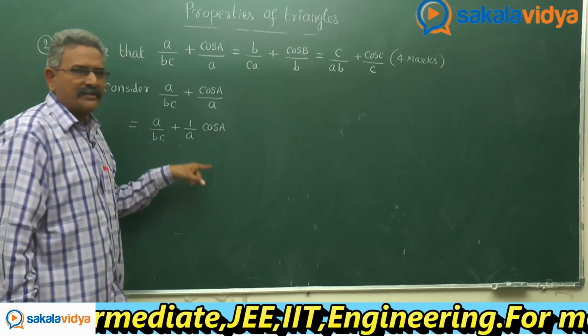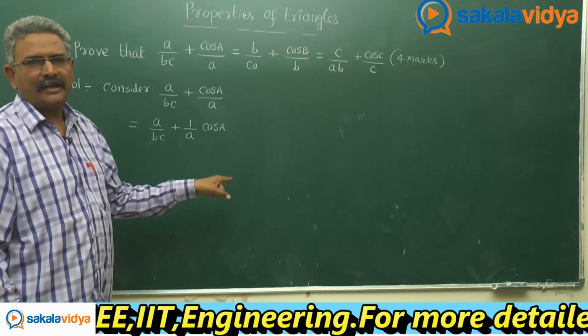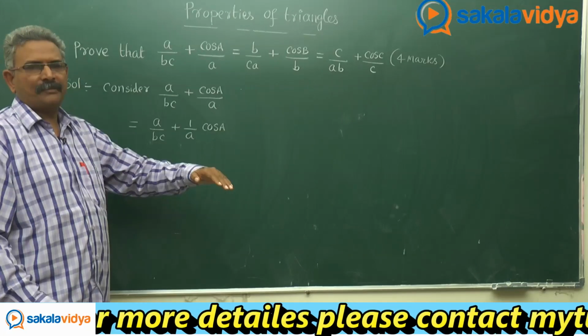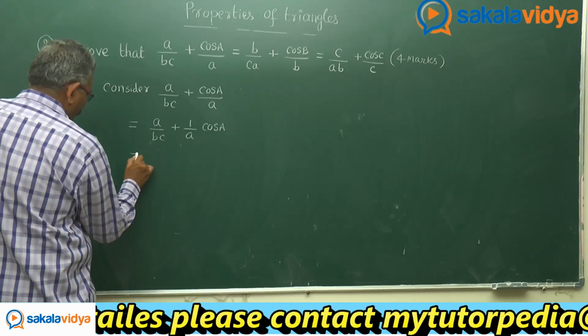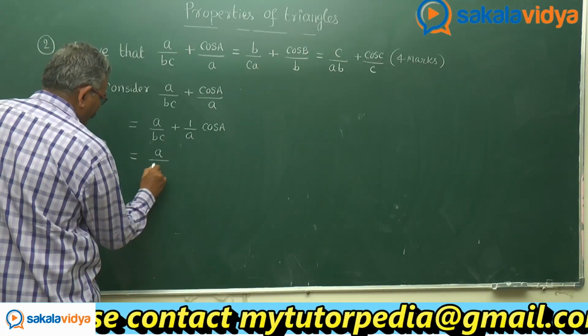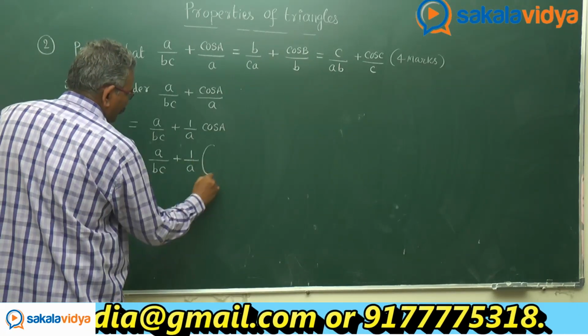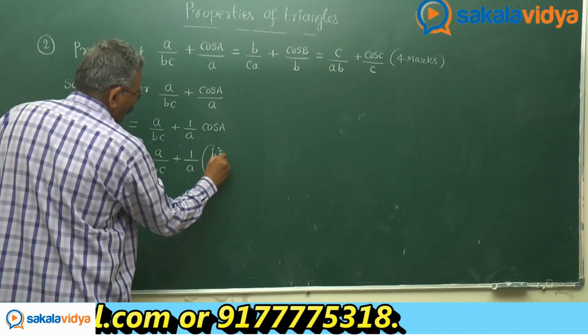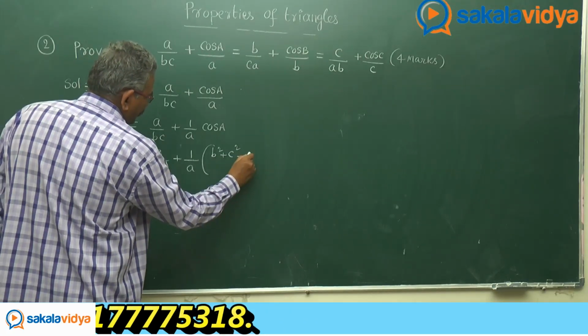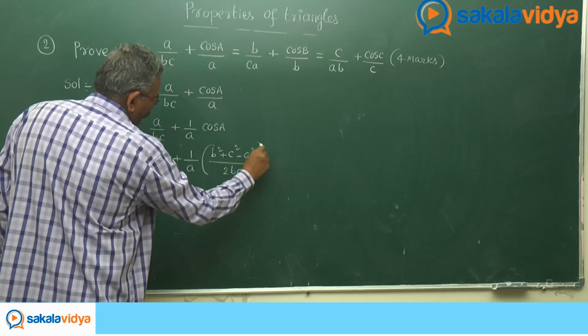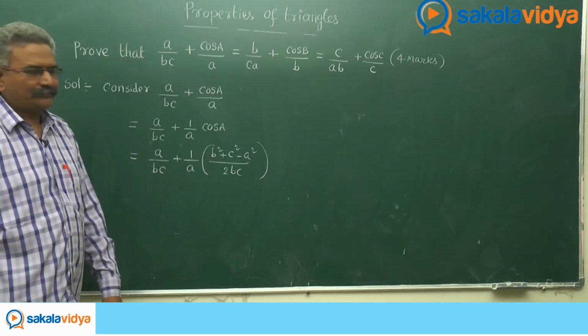Now cos A is replaced by (b² + c² - a²)/2bc. So we get a/bc + (1/a) times (b² + c² - a²)/2bc.